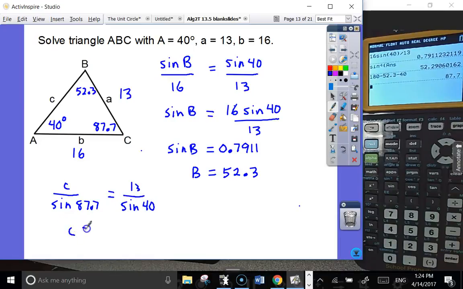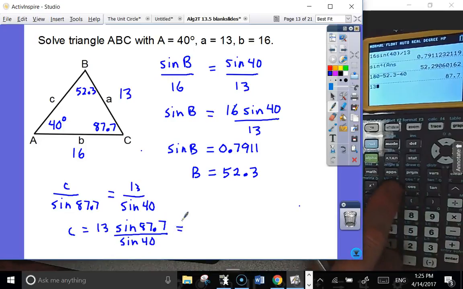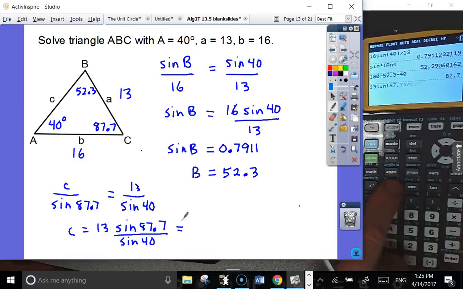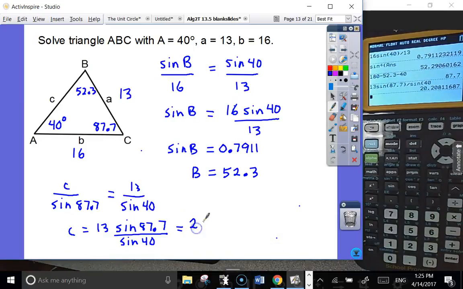So C equals 13 times the sine of 87.7 divided by the sine of 40. That's 20.2.